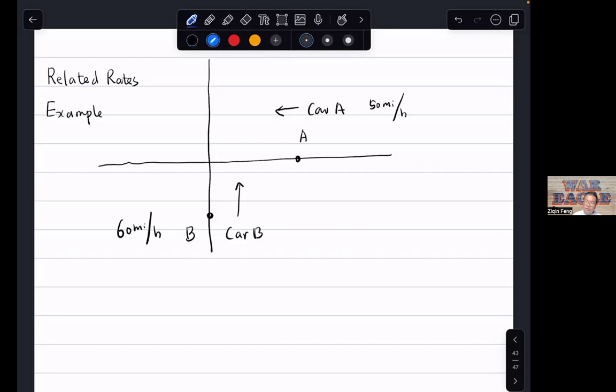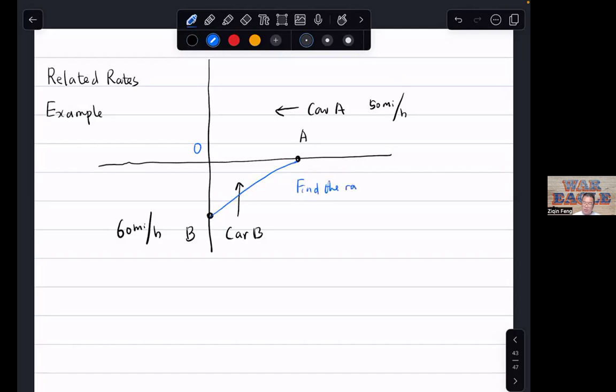We want to know the rate of change of the distance between them, when A here is 0.3 mile from the center point, intersection point, and B here is 0.4 mile from the intersection point.